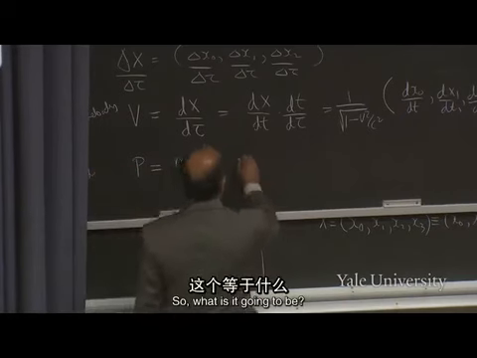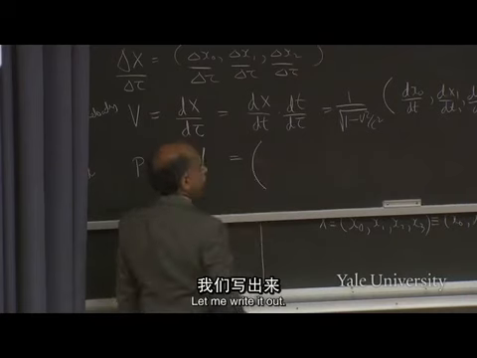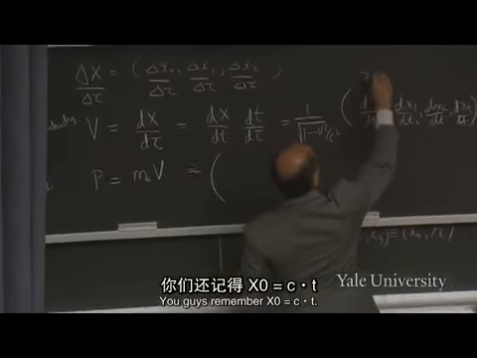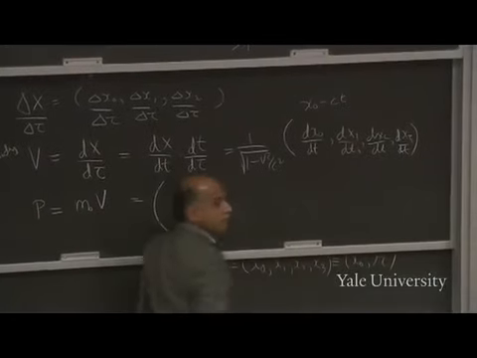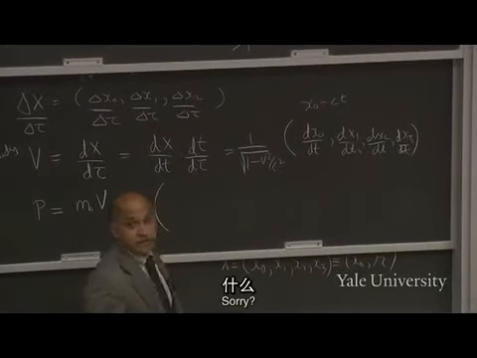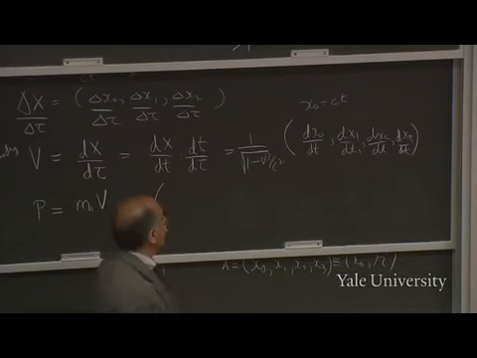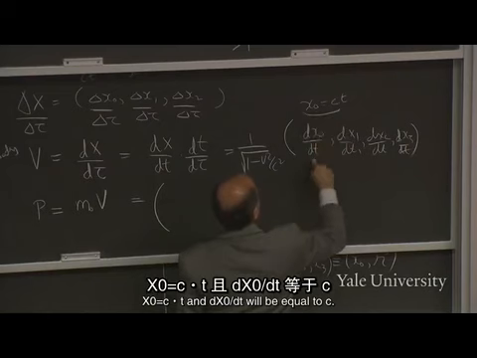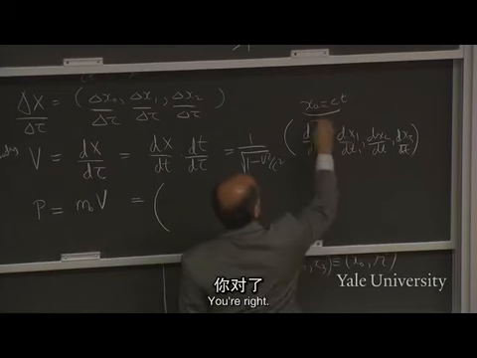So what is it going to be? Let me write it out. What is dx naught over dt? You guys remember x naught equal to ct? x naught was ct, and dx naught over dt will be equal to c. You're right.